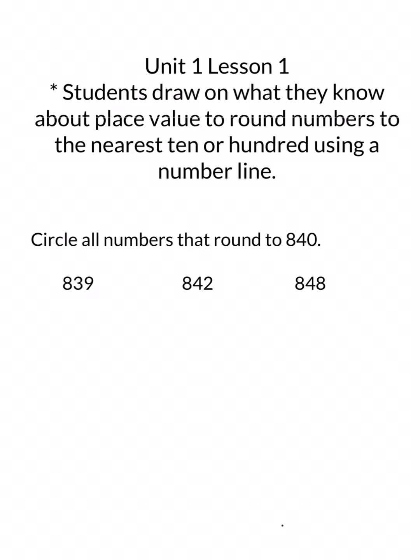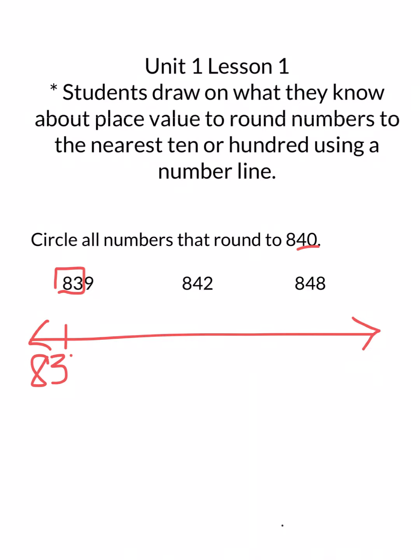When students are asked to identify multiple numbers that round up or down, we ask students to draw a number line to show their thinking for all 3 numbers. So for the following problem, circle all numbers that round to 840. We would start a number line for 839. We're rounding to the nearest 10, so we identify that there are 83 tens.